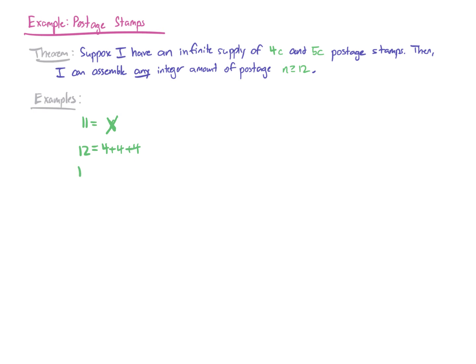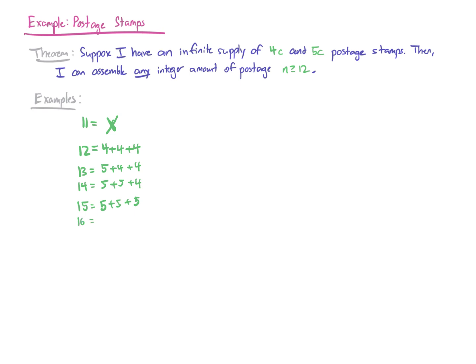What about 13? One way to make 13, I can do 5 plus 4 plus 4. To do 14, I can do 5 plus 5 plus 4. To do 15, I can do 5 plus 5 plus 5.